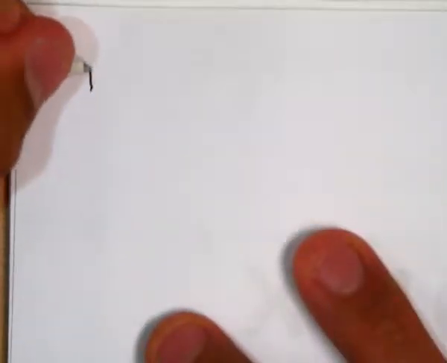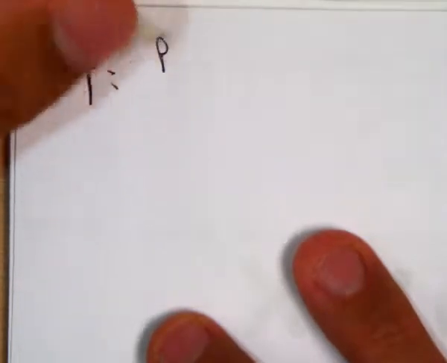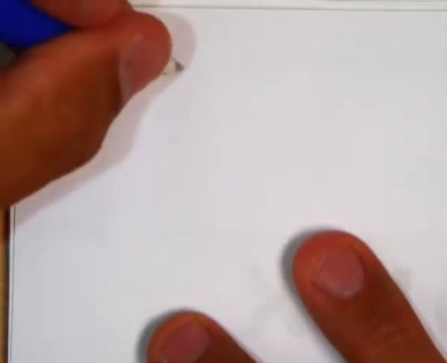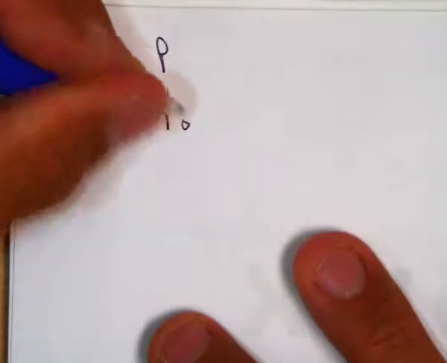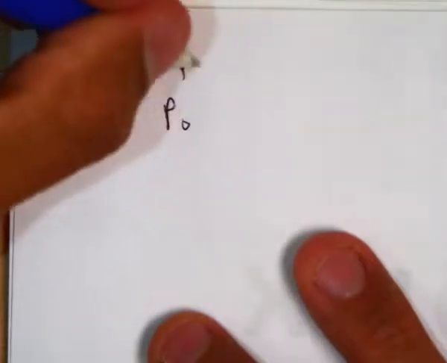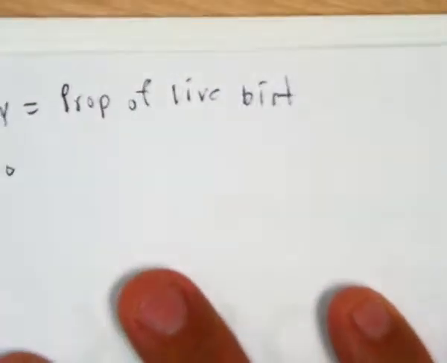So, we're comparing two proportions, right? I'm going to call them younger women and older women, okay? p_Y, p_O. You can do whatever you want. This is the proportion of live births. Let me zoom this out.